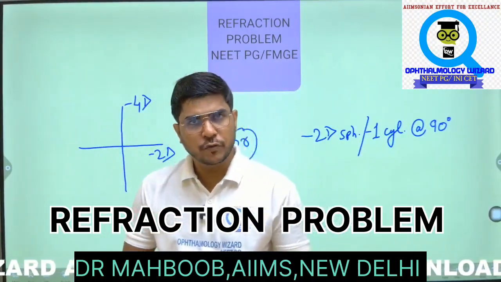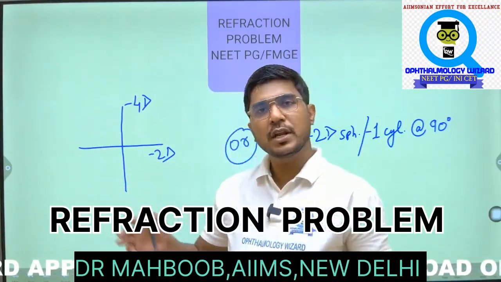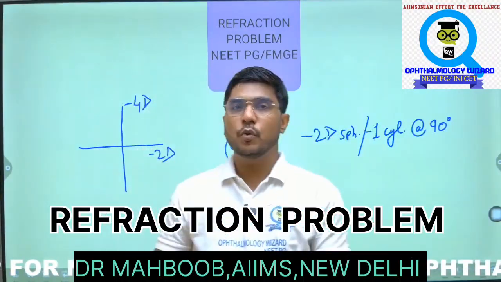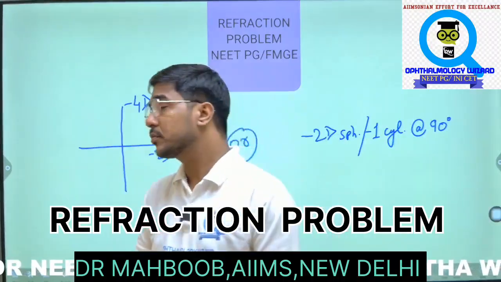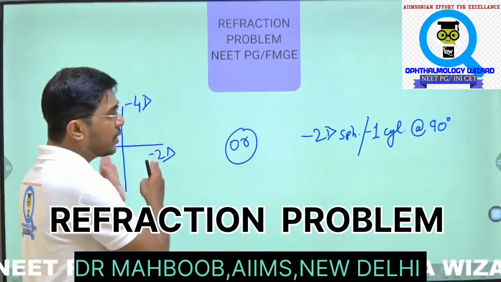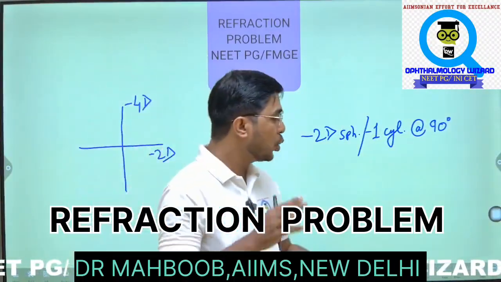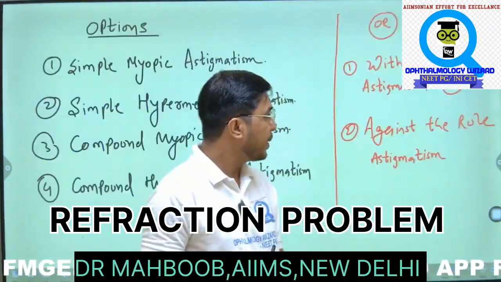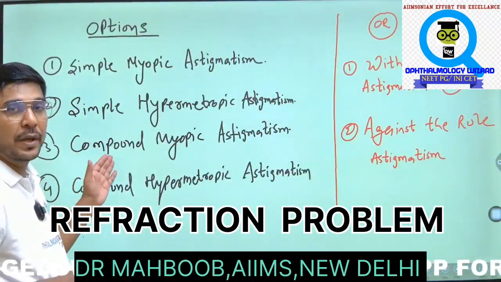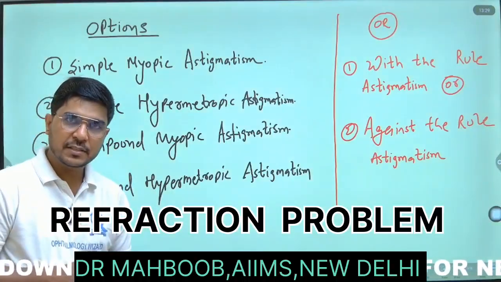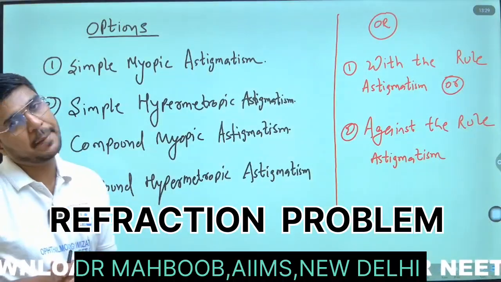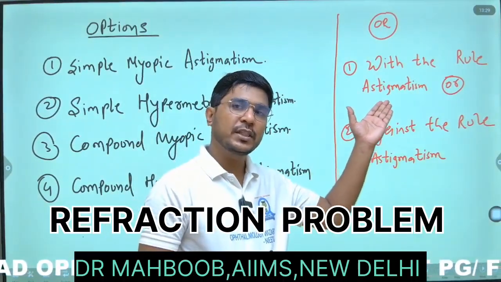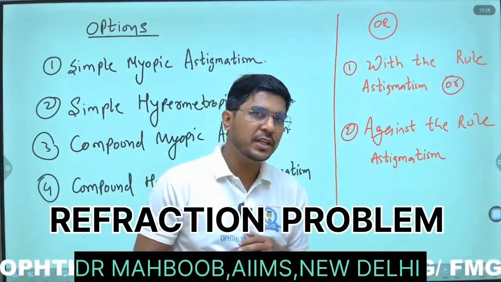They can give you two types of questions. One is the prescription form, and the other one is the retinoscopic form. After giving these two types of form, they can ask you the options. The options can be simple myopic or hypermetropic astigmatism, compound myopic or compound hypermetropic astigmatism, or they can ask you whether this is with the rule astigmatism or against the rule astigmatism.